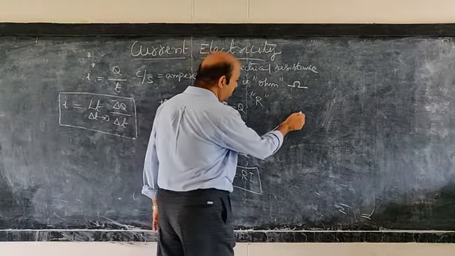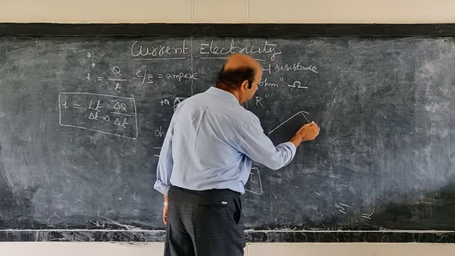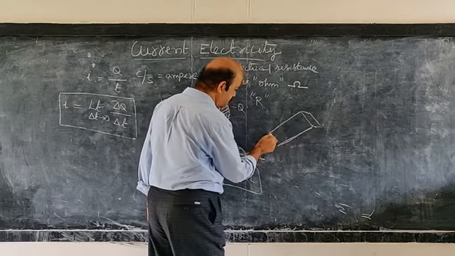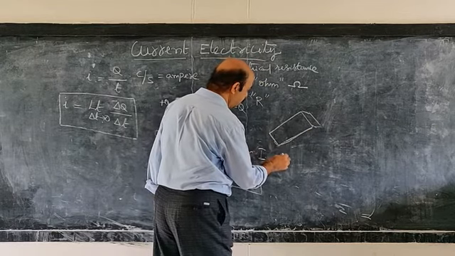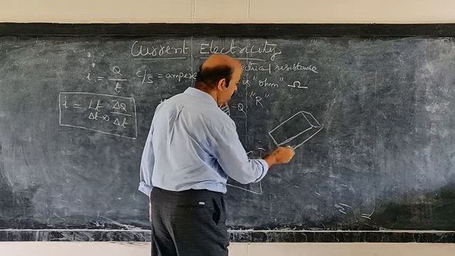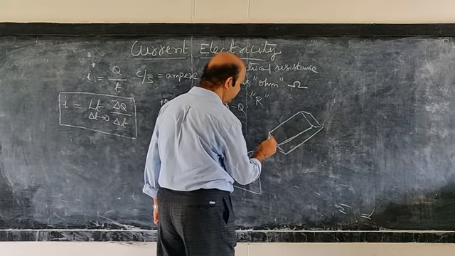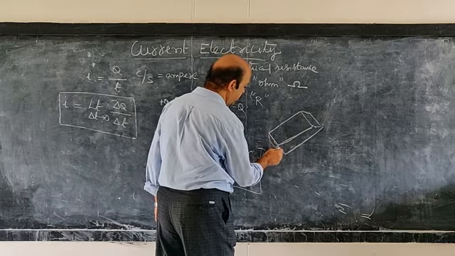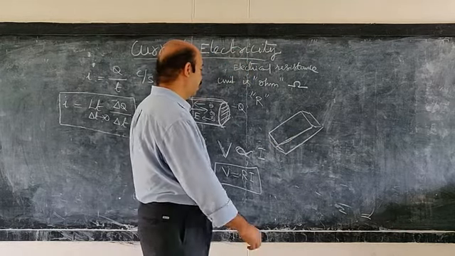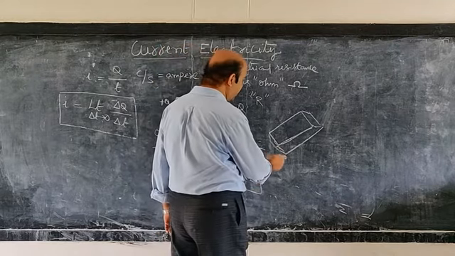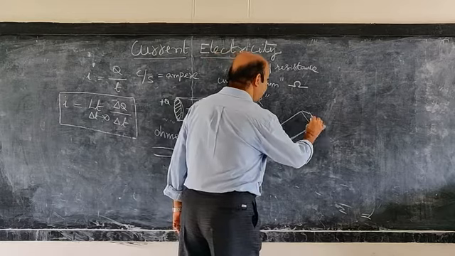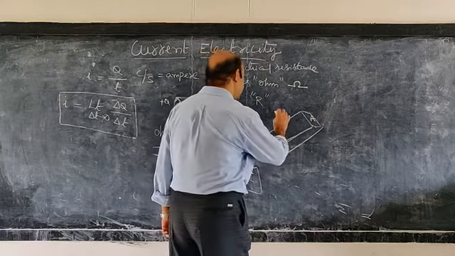Consider a rectangular slab of a conductor, and let us say that it has an area of cross section A and some length here.